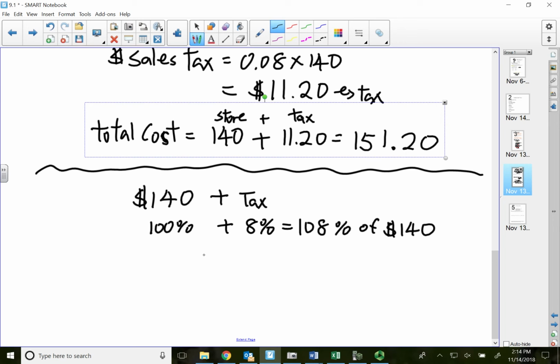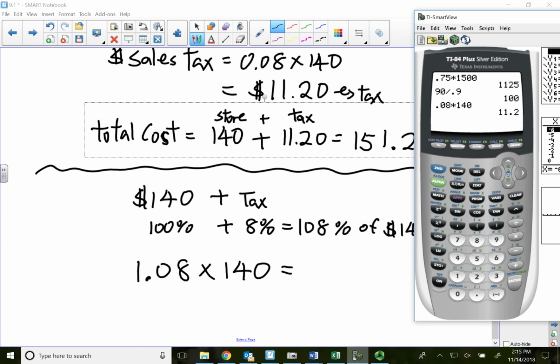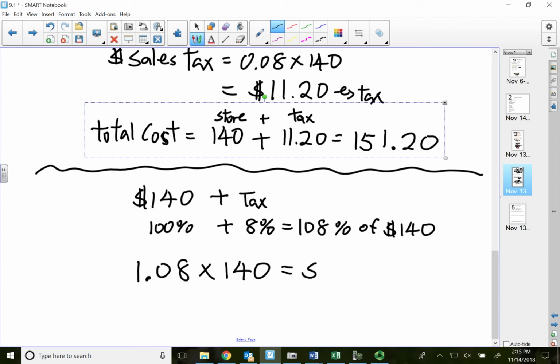So 108% is 1.08 times the cost of the shoes. Inside this 1.08, the 1 means 100% of the 140 plus another 8% for the tax. So I can quickly just type in 1.08 times 140 and get my answer, which is $151.20.